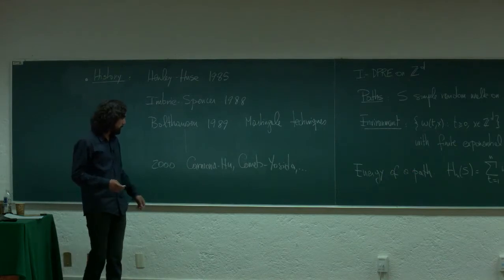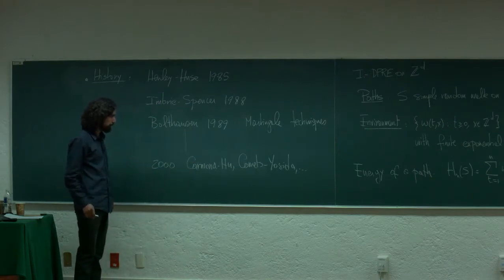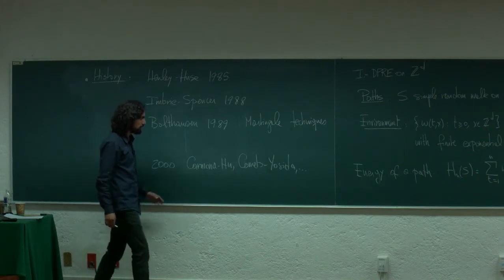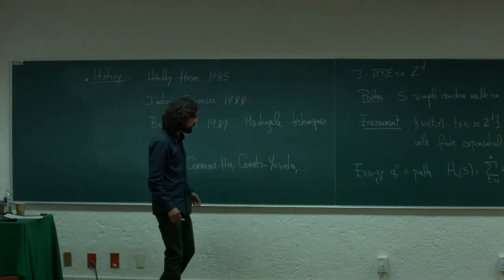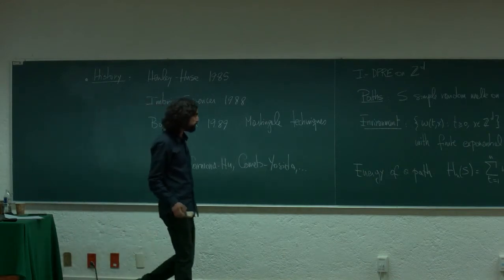So historically, Carmona and Hu worked mainly on the Gaussian setting. Then this was generalized by Comets and Yoshida for more general environments.